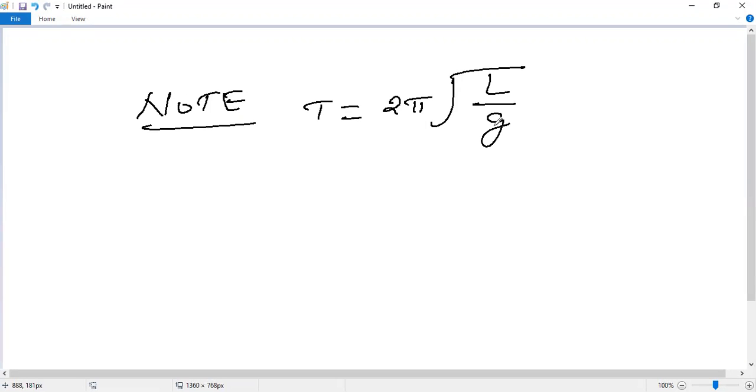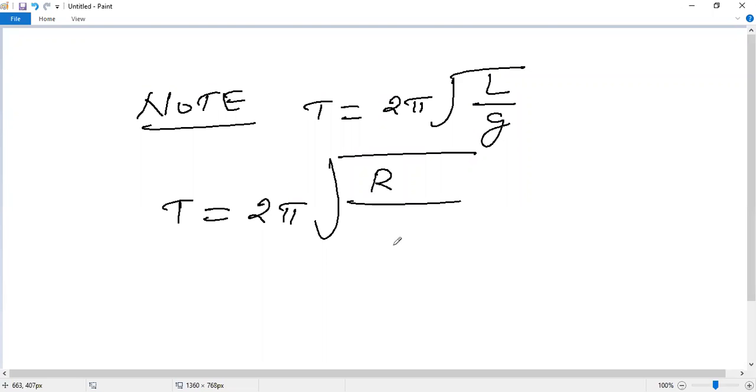But when the length is comparable to the radius of the Earth, now the formula will change. T is equal to 2 pi root of capital R divided by g into 1 plus R by L.